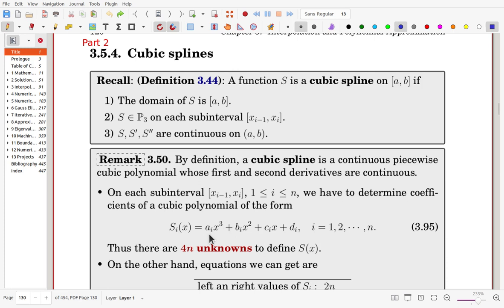The coefficients are ai, bi, ci, di. So we have 4 unknowns in each subinterval. There are a total of n subintervals, so we have to decide 4n unknowns in total.